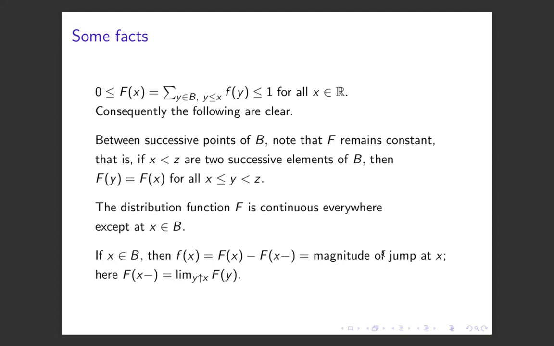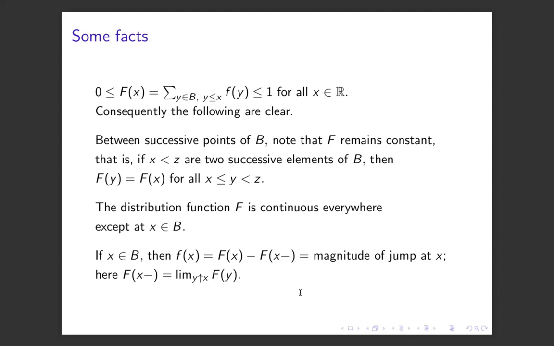And if x is a point in B, then little f at x is capital F at x minus capital F at x minus. So F at x minus is the left limit at x of F, that is, the limit of capital F of y as y increases to x, that is, y is coming from the left side.